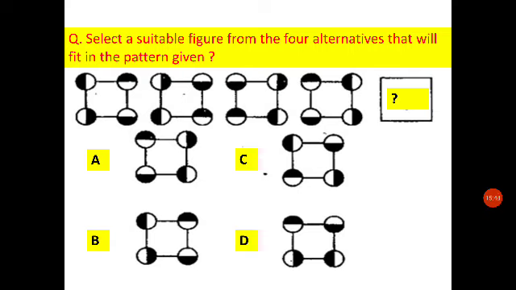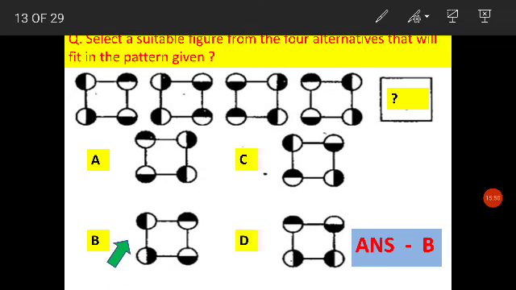The next question, this is also very confusing actually. The set of these black and white dots are given, connected together, and you have to find out the dot position here.